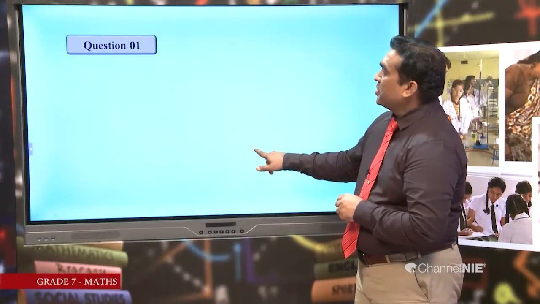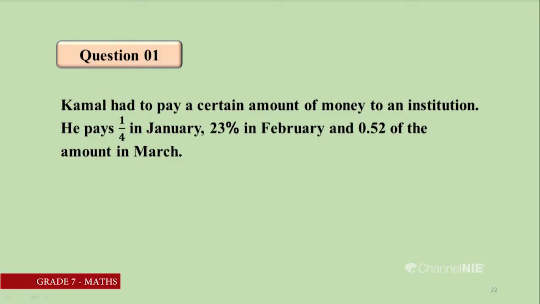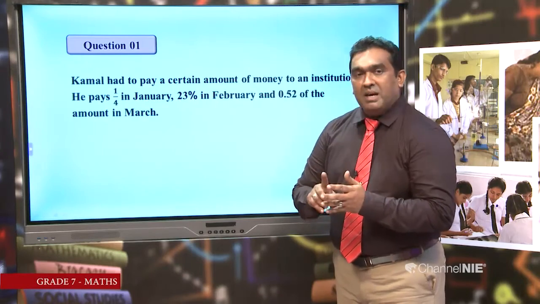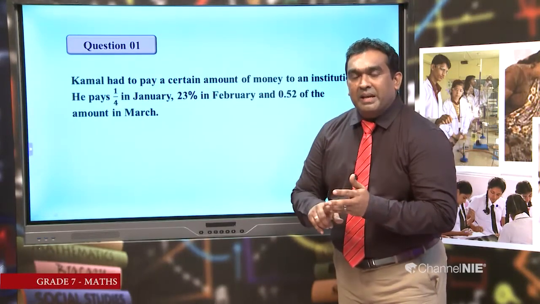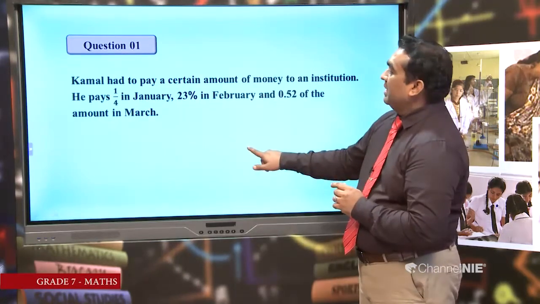Now, question number 1. Kamal had to pay a certain amount of money to an institution. He pays 1 over 4 in January, 23% in February and 0.52 of the amount in March. January, February, March. There are 3 months, 3 separate numbers. We can analyze it.